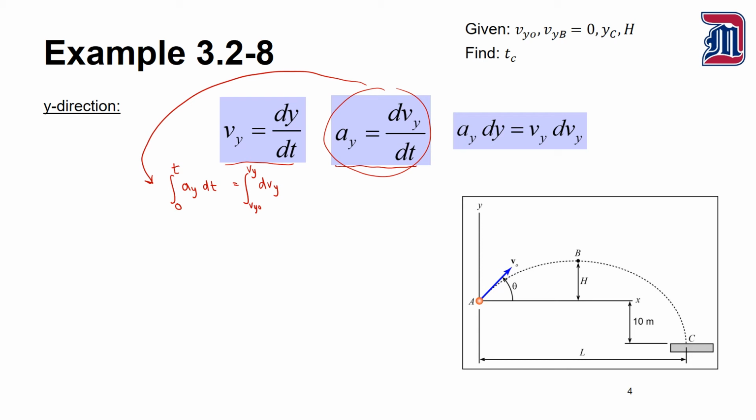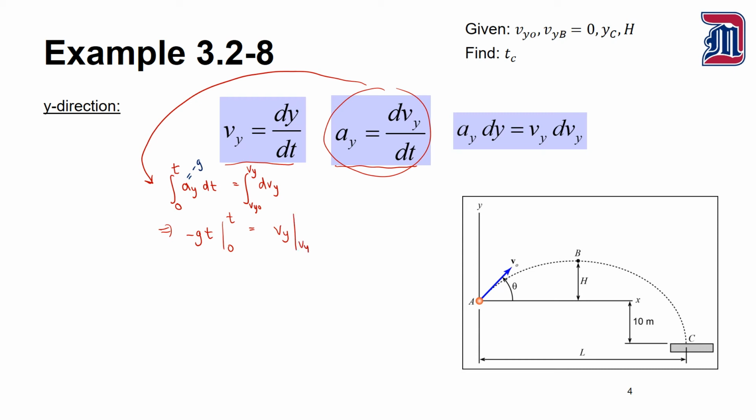So the thing we have here is we know that the acceleration is minus g. Since it's a constant, we know that the antiderivative will just be that constant times t, evaluated between 0 and t. On the right-hand side, it's like we have a 1 in the integral, and so the antiderivative of that is just the variable vy.